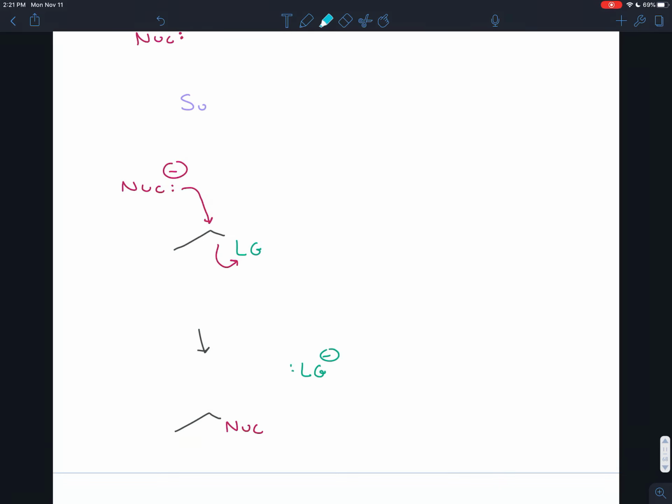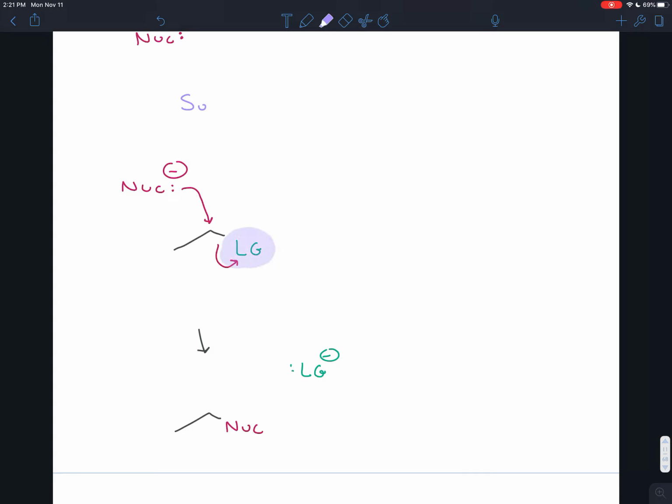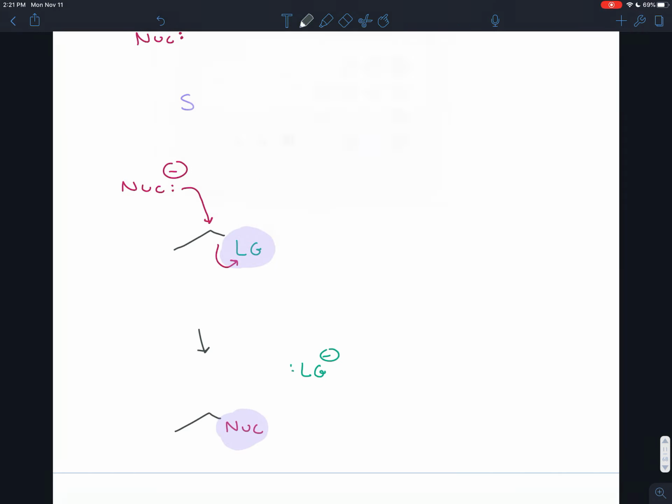So you replace or substitute the leaving group with a nucleophile. So that's a substitution.